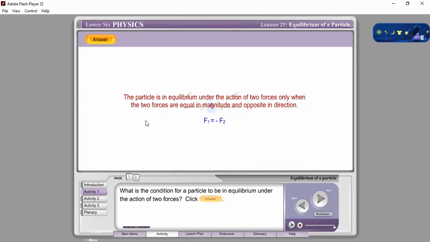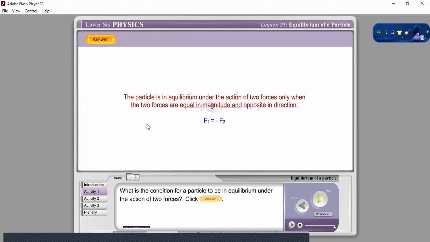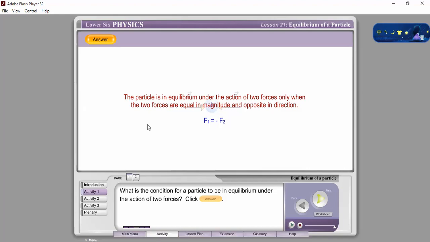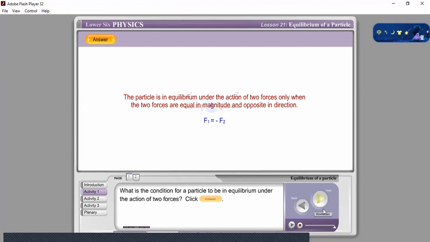So if the object is in equilibrium, the magnitudes of the forces are equal but in opposite directions. As a result, the acceleration of the object is equal to 0 and the object is stationary because both sides of the forces balance.